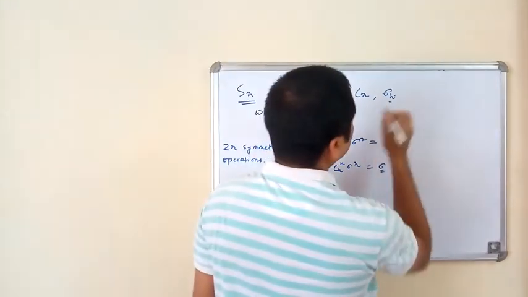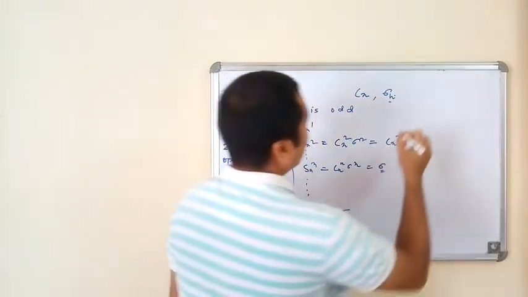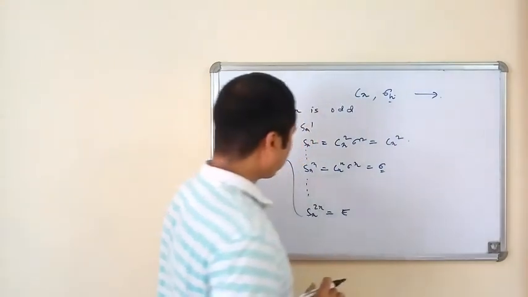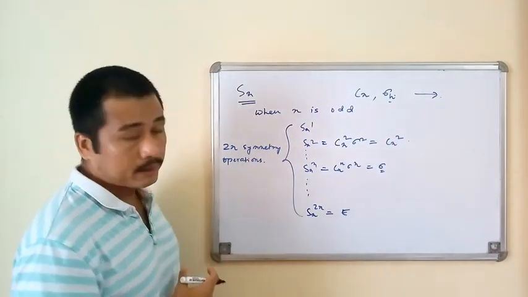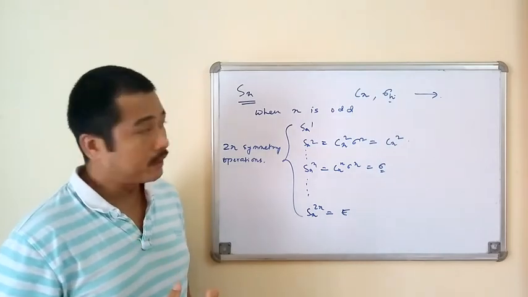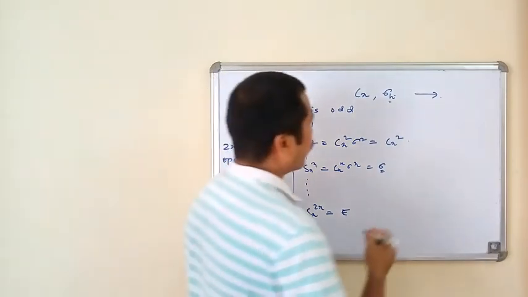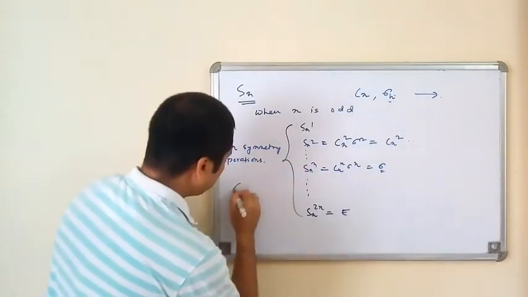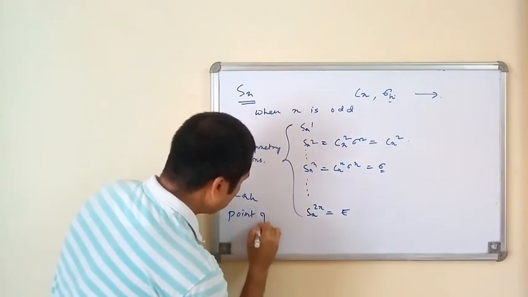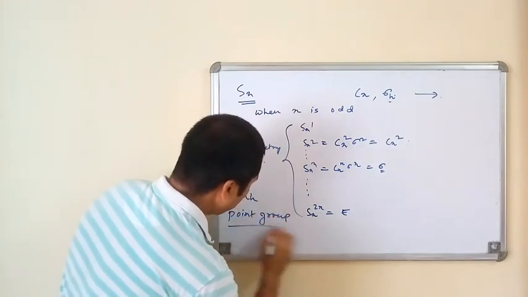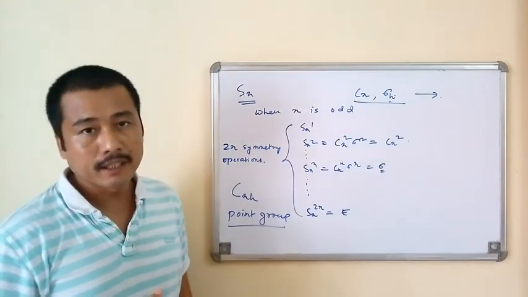So we will designate this particular plane of symmetry as sigma h, and the point group now, unlike when we have an improper axis of symmetry of even order, will not be Sn in this case. Instead, we will call it the CNH point group, because we have Cn as well as a sigma h in this case.